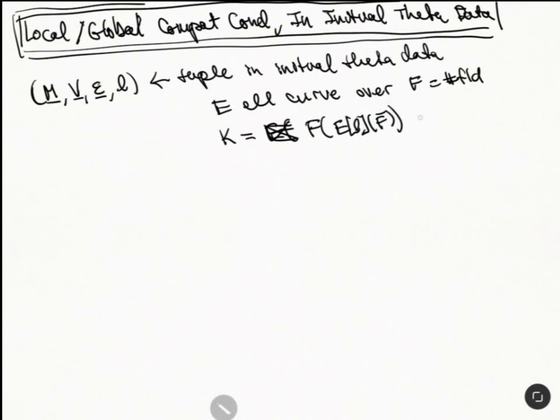It's also F bar and the kernel of rho L, the mod L Galois representation. So this is it in just the L torsion part.